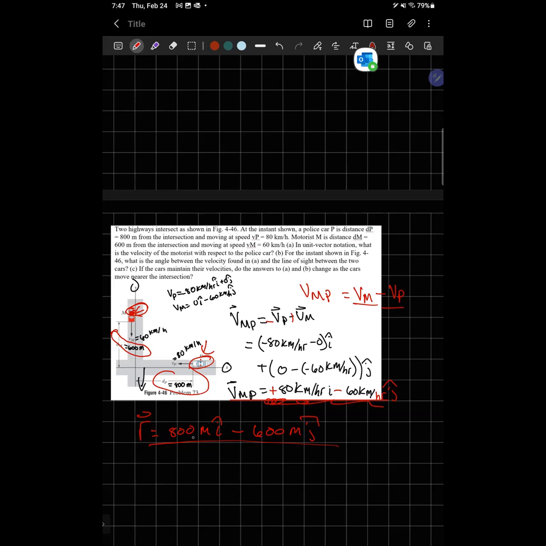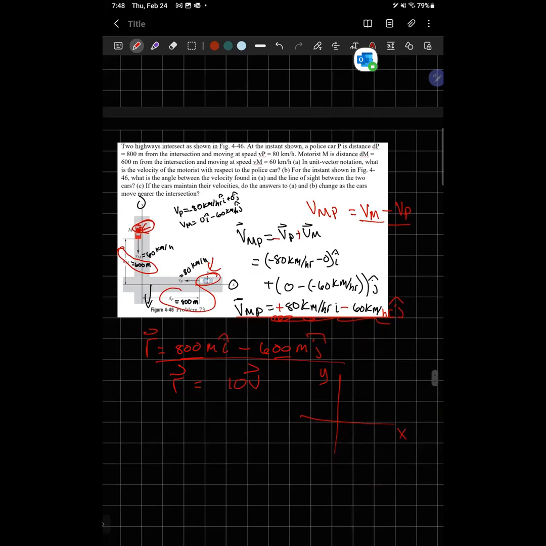And looking at the numbers, they're only different by a factor of 10. So R, at least in magnitude, is equivalent to 10V. They're going in the exact same direction.